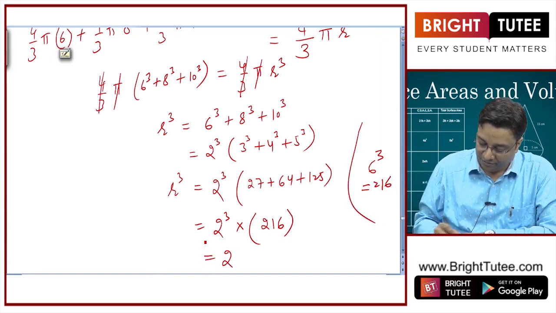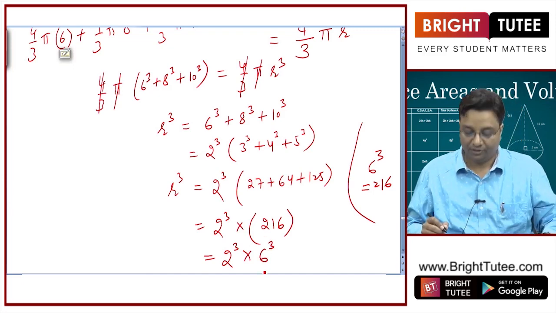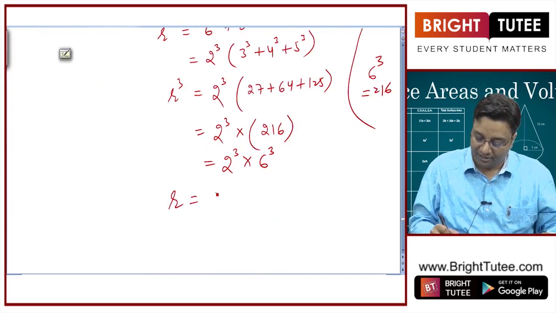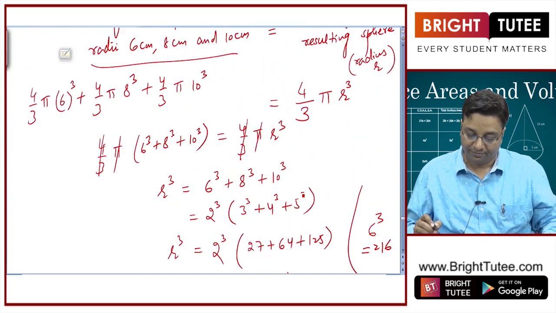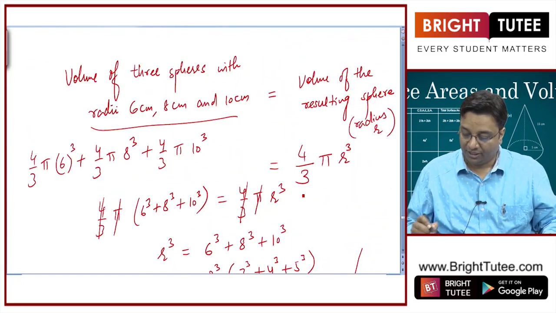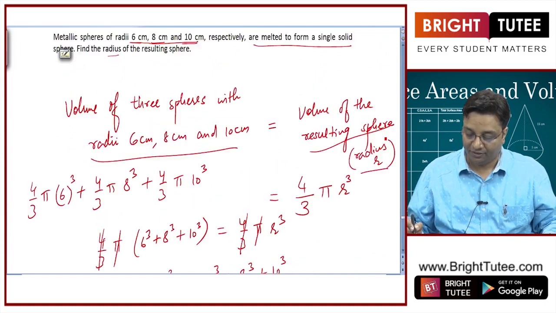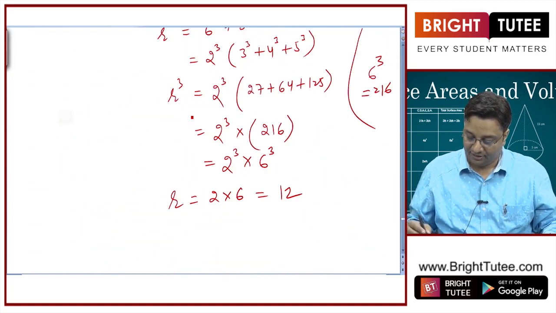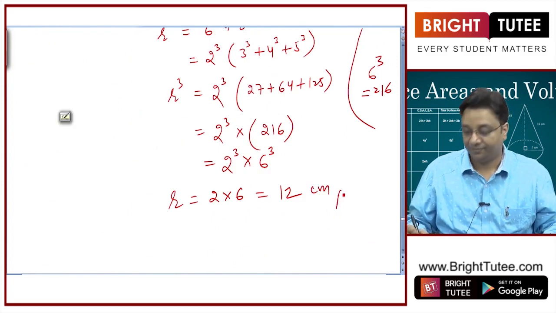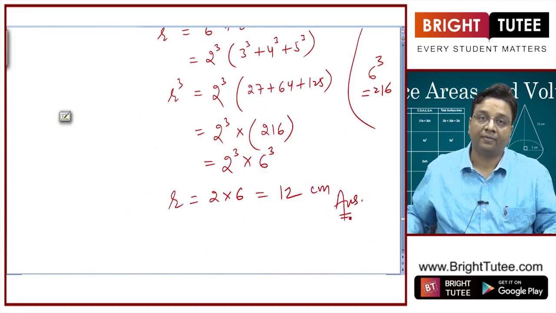So effectively I have got r cube equal to 2 cube into 6 cube. So what is r? r is equal to 2 into 6, which is 12. So the radius of the resulting sphere is 12 centimeter. So this is your answer, right?